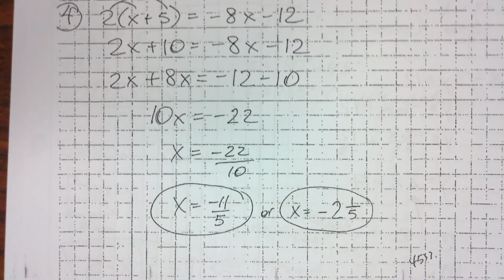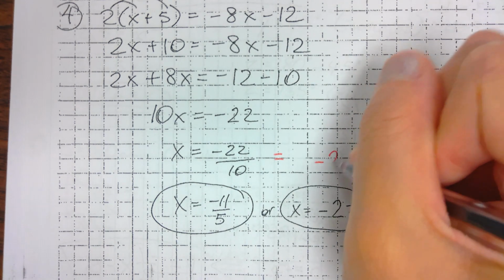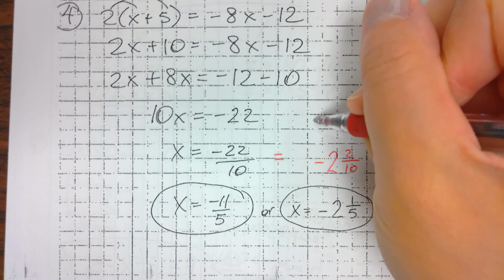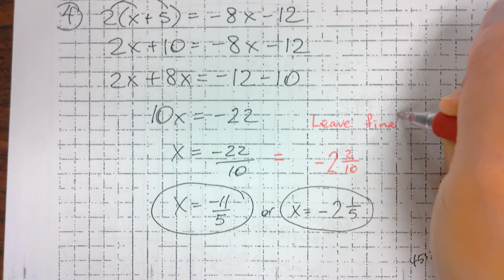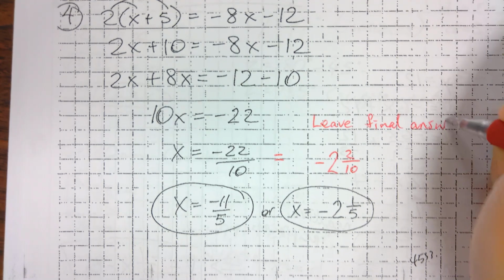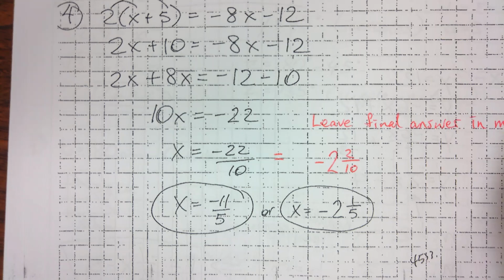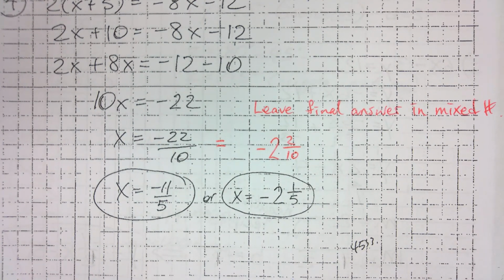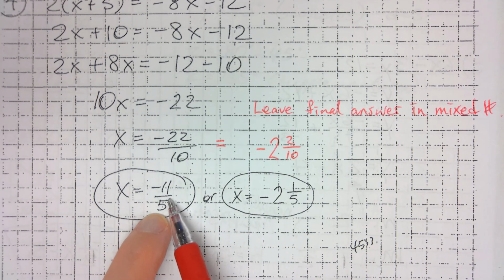If the question asks you to leave the final answer in mixed number form, and you give me this answer, you're going to get a mark off.